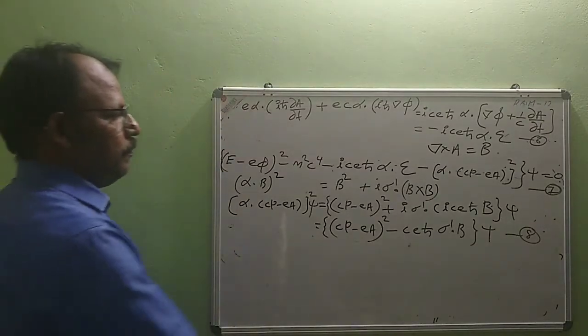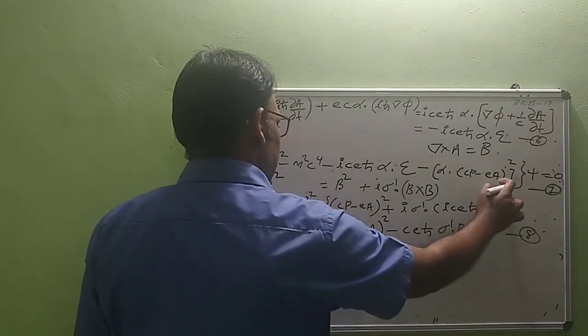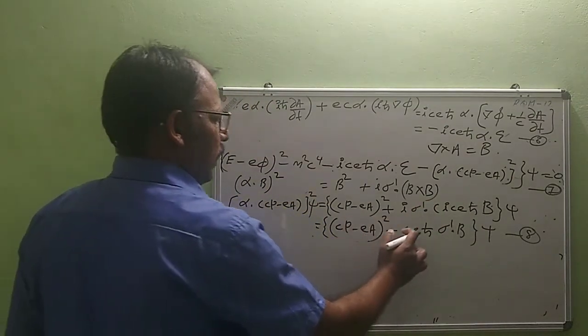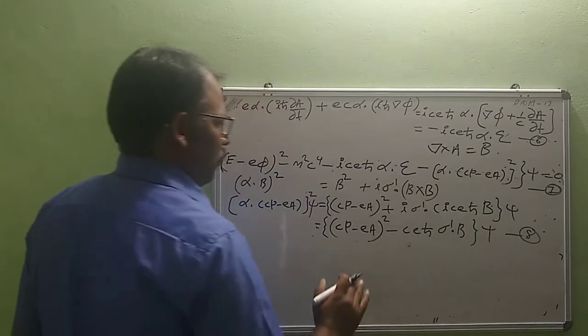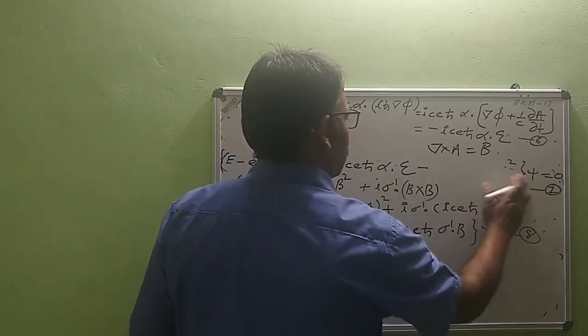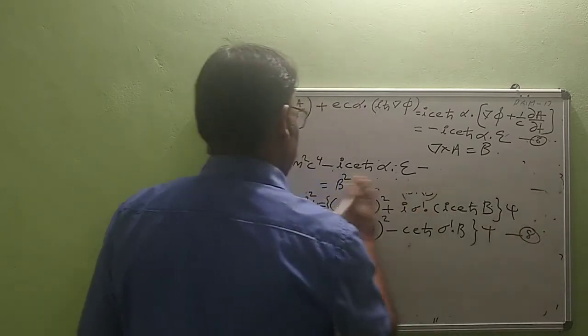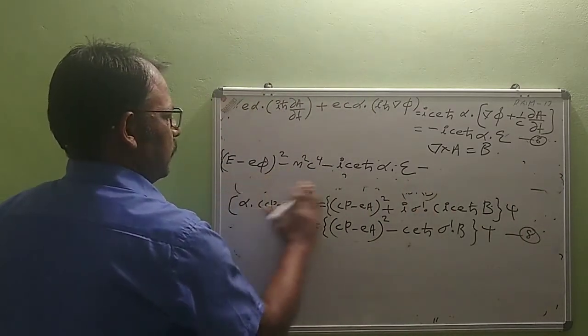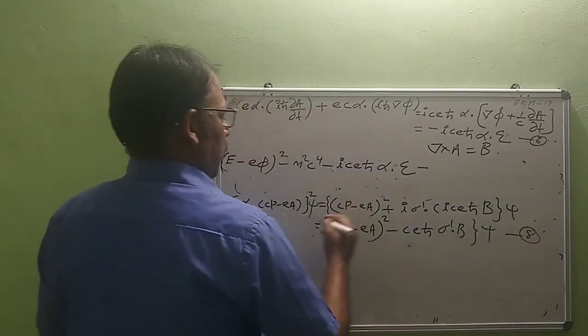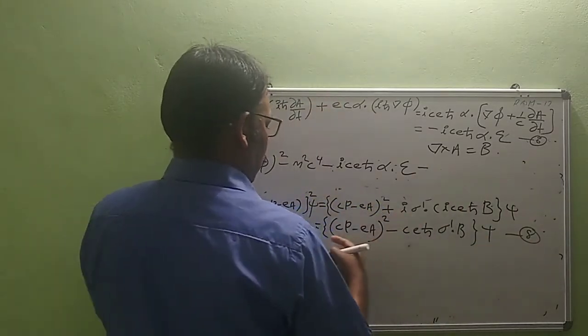So in this term alpha dot Cp minus Ea, we are substituting the value Cp minus Ea the whole square minus e h bar alpha dot B. So instead of minus of alpha dot Cp minus Ea the whole square, I am substituting minus of this one.